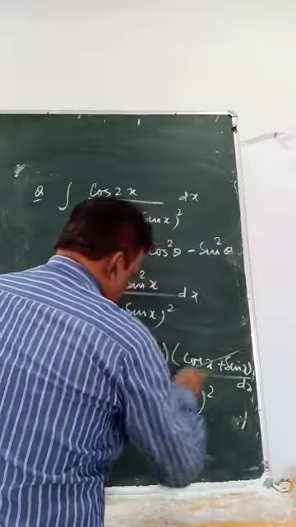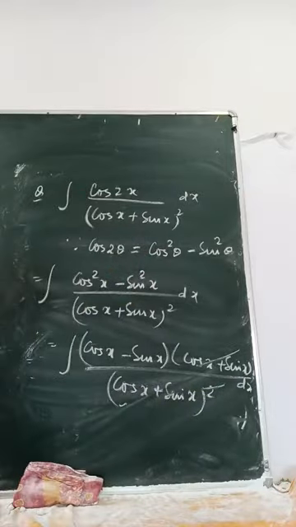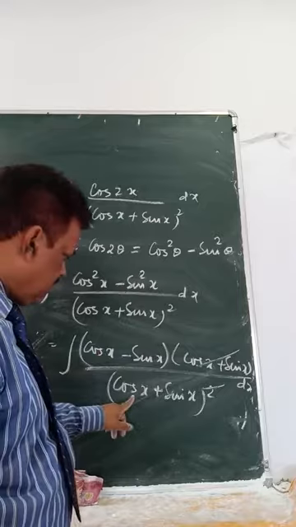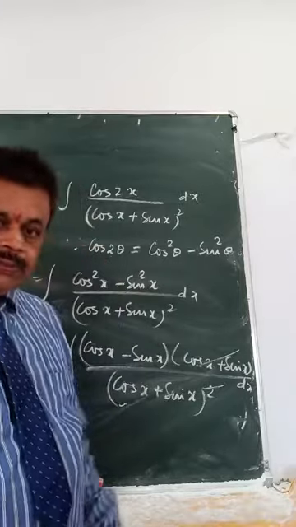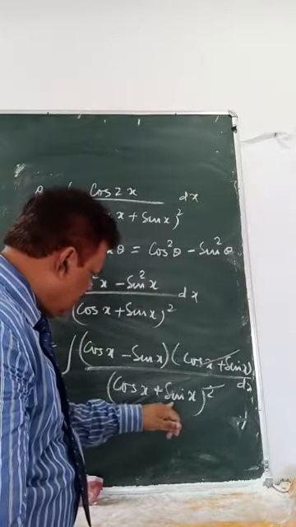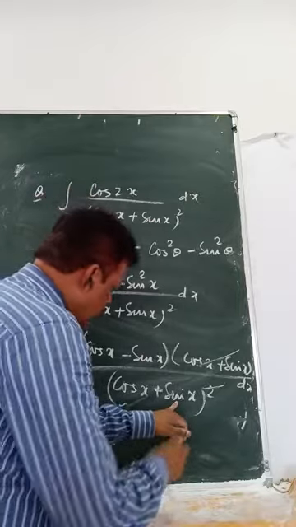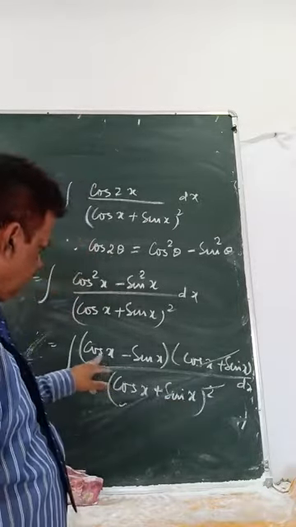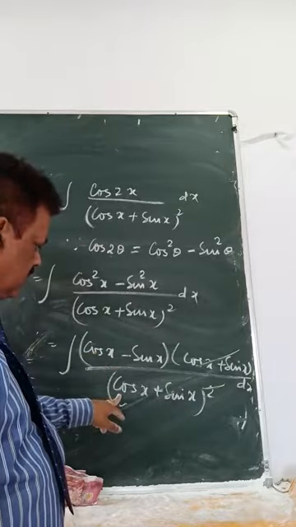So one of them is cancelled. Now what is left? Look at cos x minus sin x by cos x plus sin x. Which formula? The derivative of sin is cos, and the derivative of cos is minus sin.